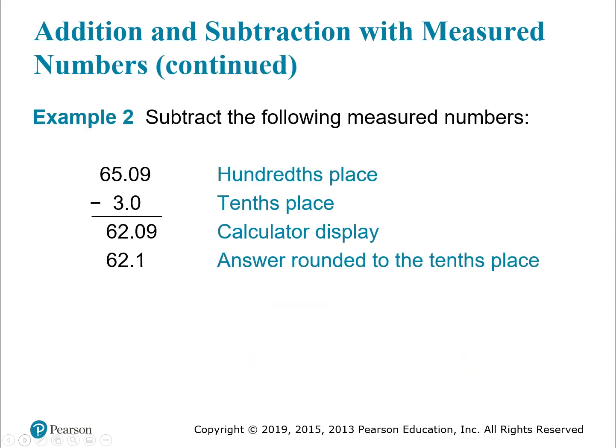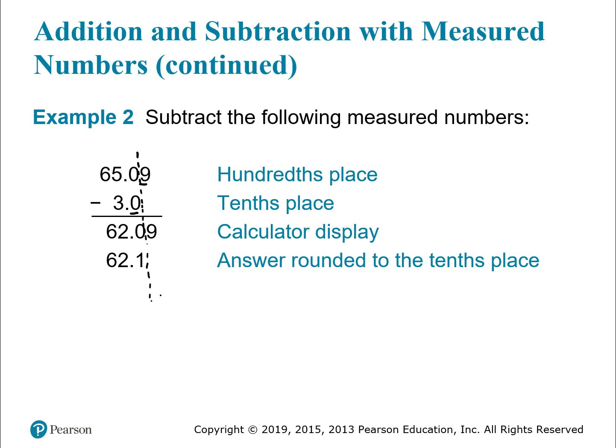Subtraction, same deal. You look at, okay, I've got the hundredths place, I've got the tenth place. I like to draw my line and then use your calculator or do it by hand. Your calculator is going to tell you 62.09.